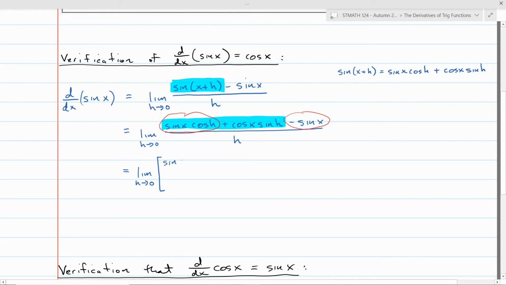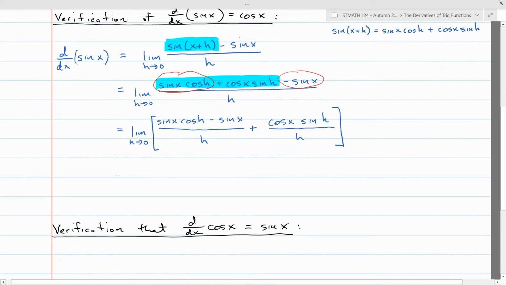Sine x cosine h minus sine x over h times, and then I'm going to have the second fraction, plus cosine x sine h over h.